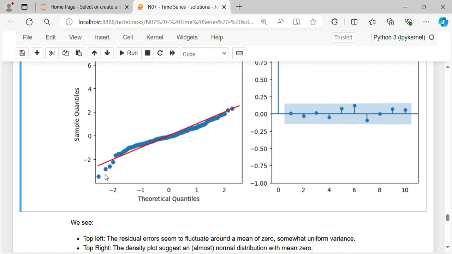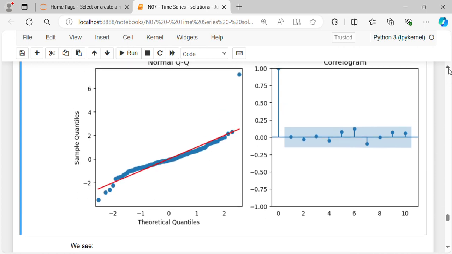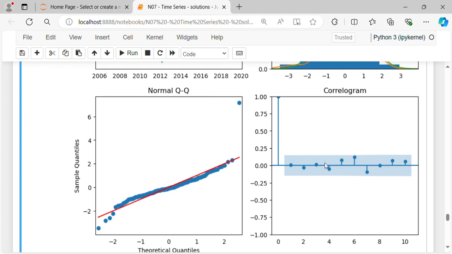We can see that on the left-hand side there are 4 data points away from the normal QQ line. Otherwise they are lying on the red line, so it's quite good. And the last graph is the correlogram, and from the correlogram we see that all the points are lying around 0, except there is a point at x equal to 0, and the highest is 1.